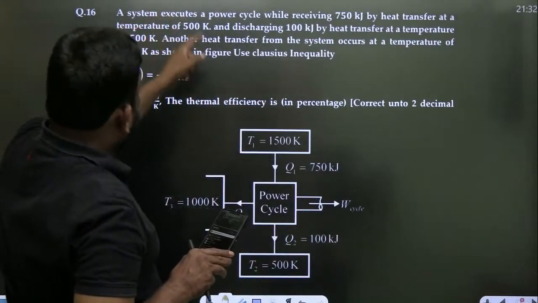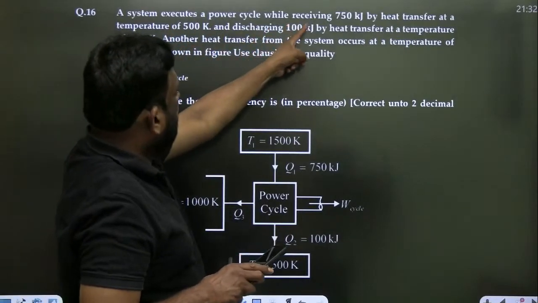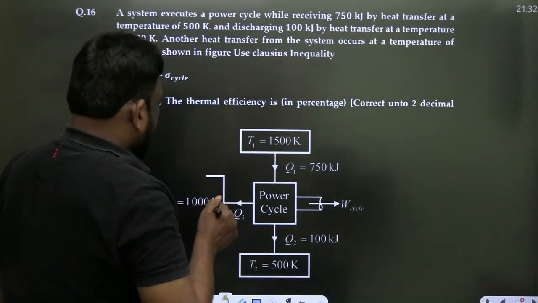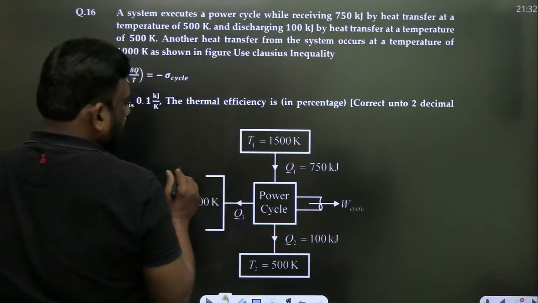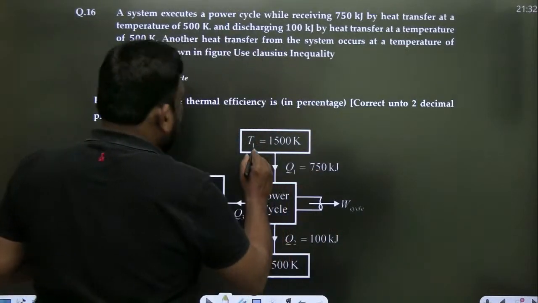A system executes a power cycle while receiving 750 kilojoule by heat transfer at a temperature of 500. Oh, it's not 500. It is 1500, I think. Let me check. 1500. Misprint हुआ यहाँ पे.